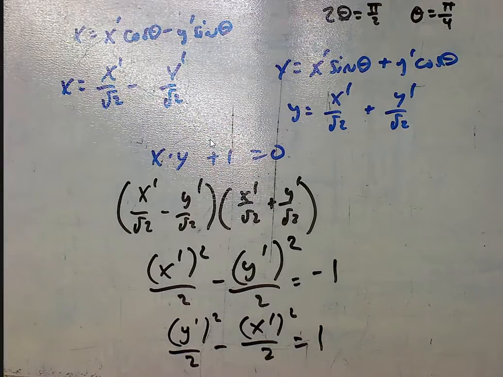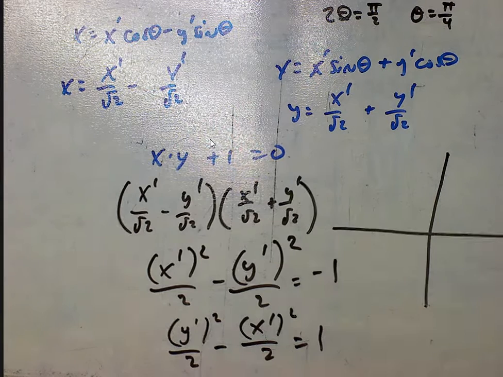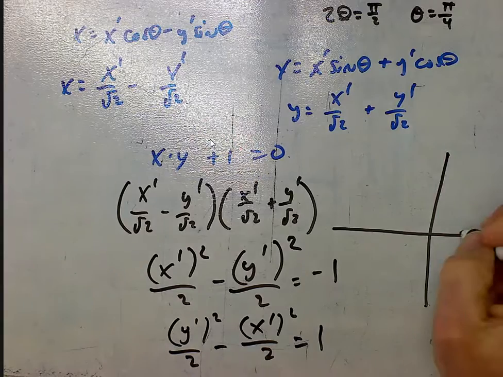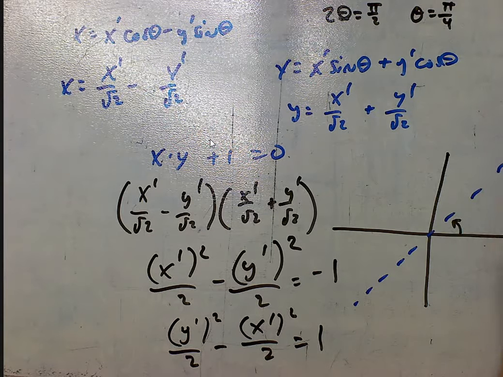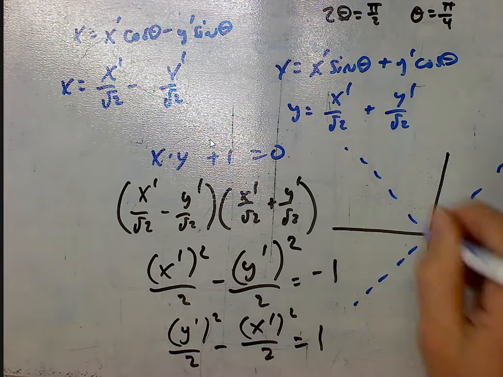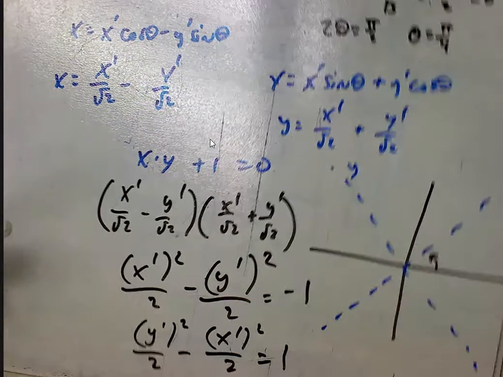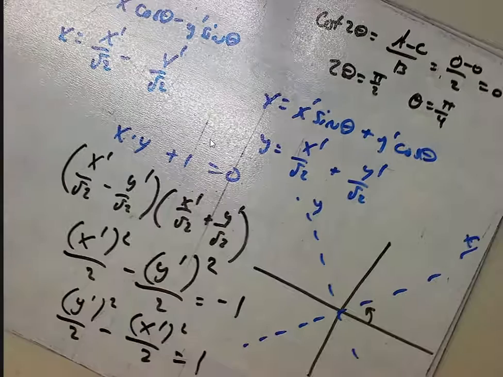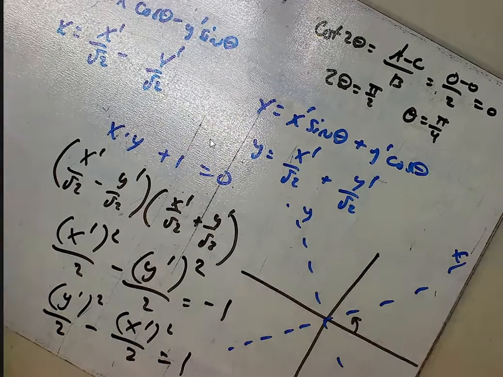Okay, so now I'm going to take my xy axes in black. It's a 45-degree rotation this way. So this now becomes my new x, and this becomes my new y, and I'm going to go ahead and rotate it 45 degrees, or pi over 4.